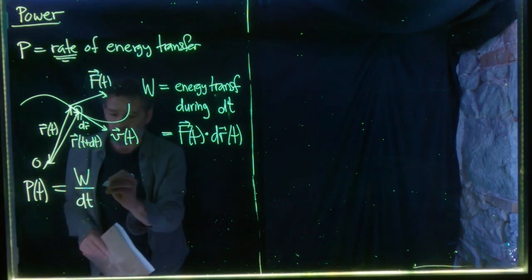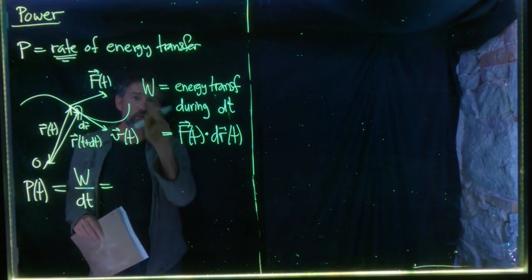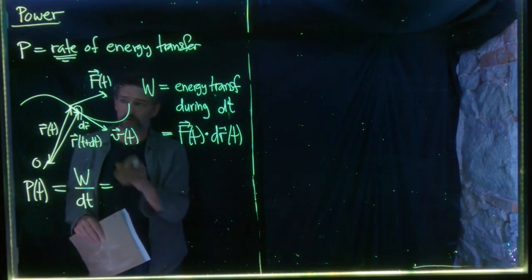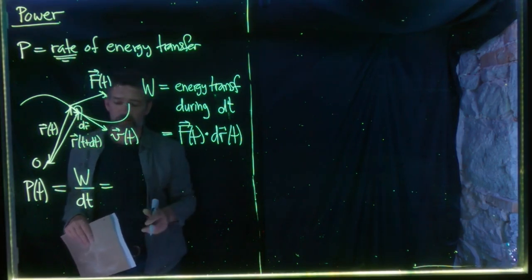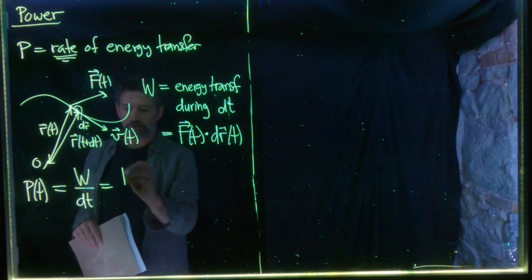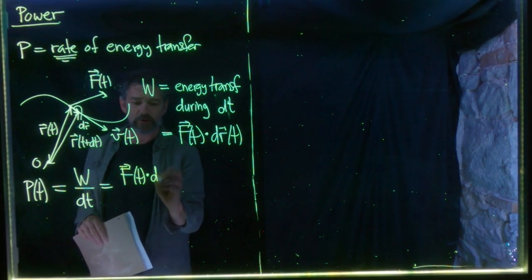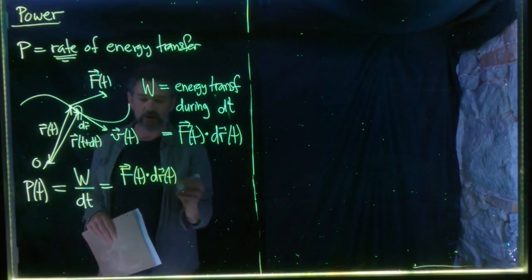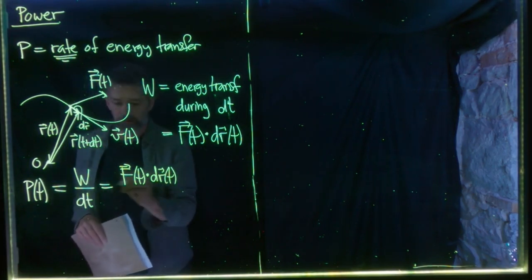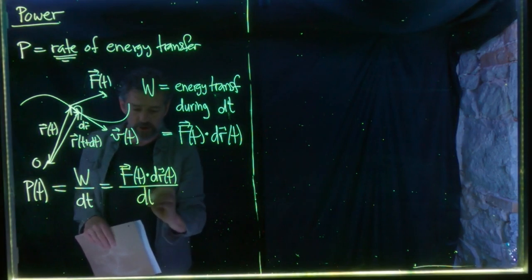Okay? So now let's work this out. So the work, the energy transferred during that infinitesimal time interval dt, is the force at that instant of time t, vector dot product with the displacement at that time t. And then we divide that whole thing by dt.